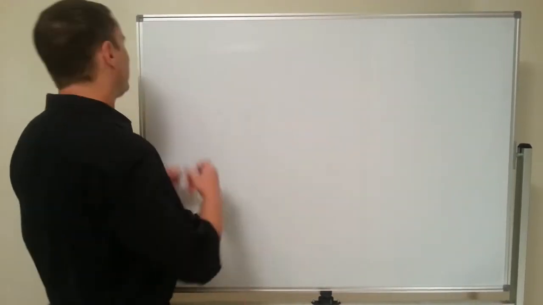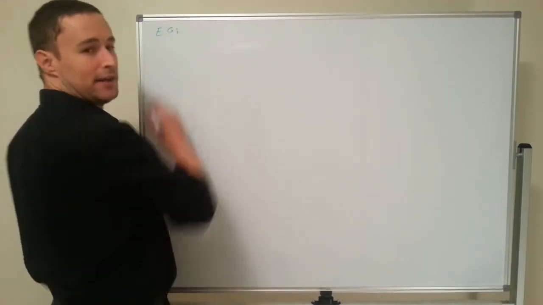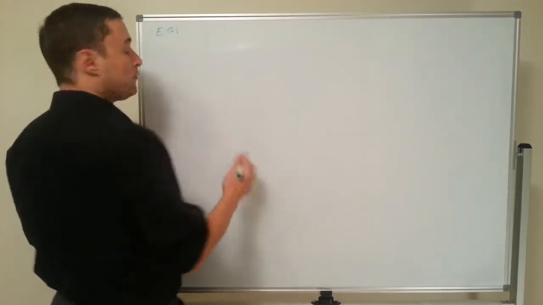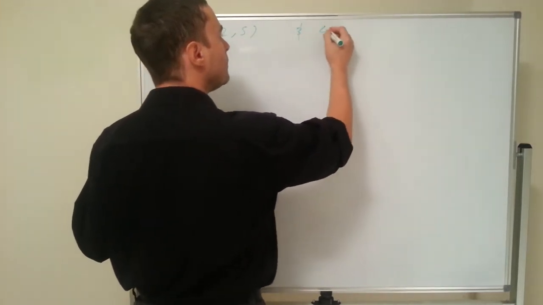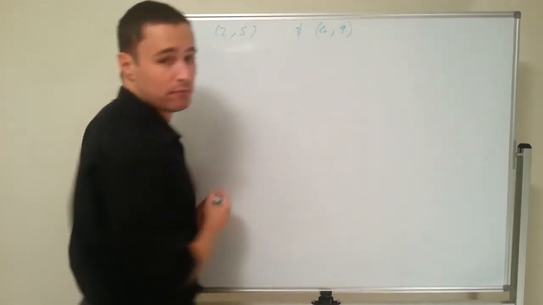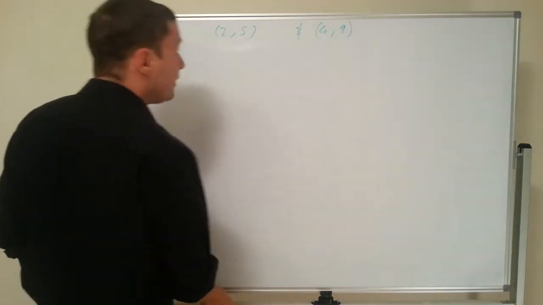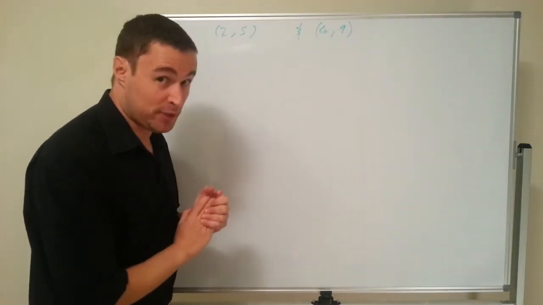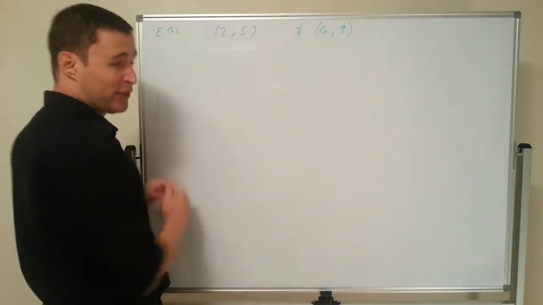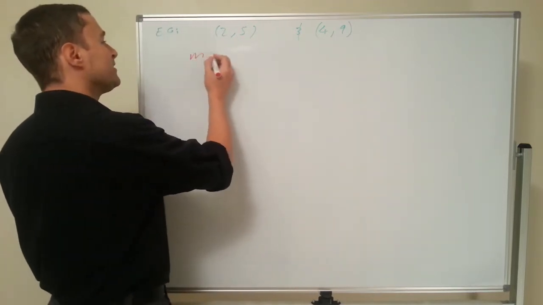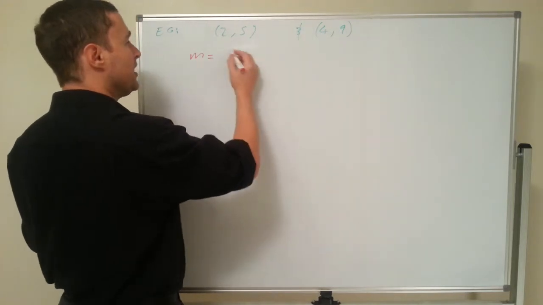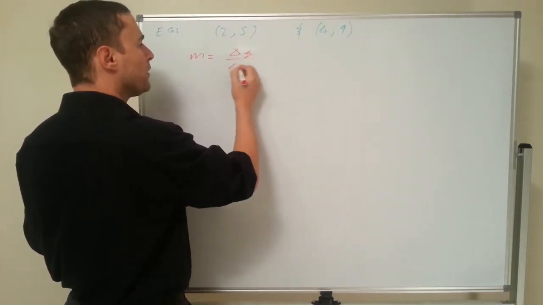Okay, so, for example, find the line that joins (2, 5) and (4, 9). This is the bare minimum they need to give me to find the line. 2 coordinates, bare minimum. So let's do the gradient first. Gradient is change in y over change in x, rise over the run.